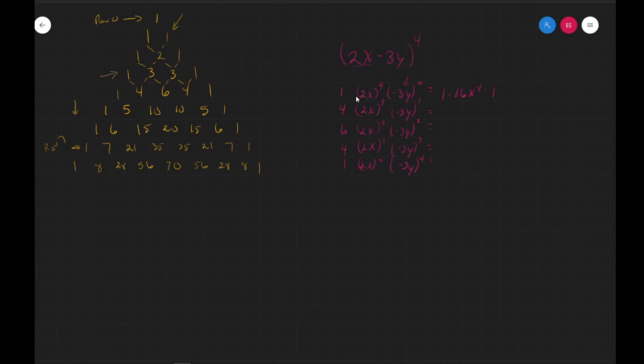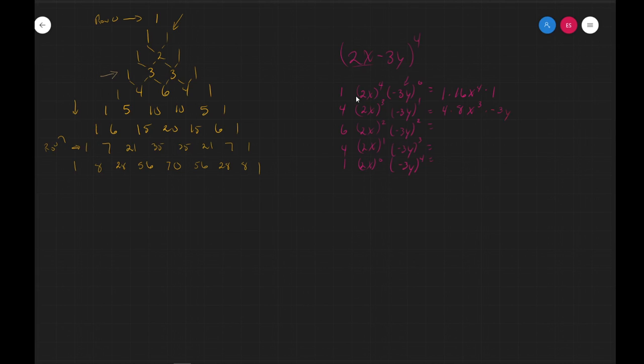So 1 times 16x to the 4th times 1. Then 4 times 2 to the 3rd power is 8x cubed, and negative 3y to the 1st power stays negative, so we're still multiplying by negative 3y.